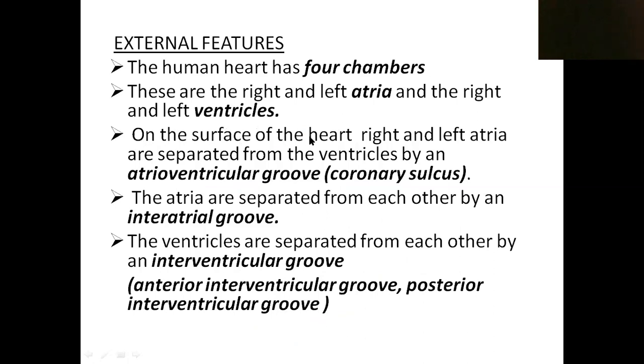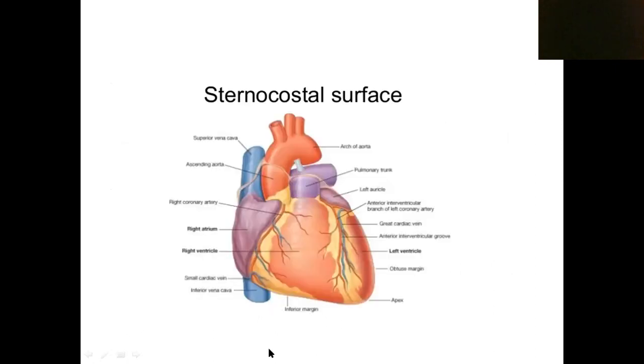So on the surface of the heart, right and left atria are separated from the ventricles by the atrioventricular sulcus or coronary sulcus. See this one. This is the right atrium. This one is the right ventricle. These two are separated by a shallow groove here.